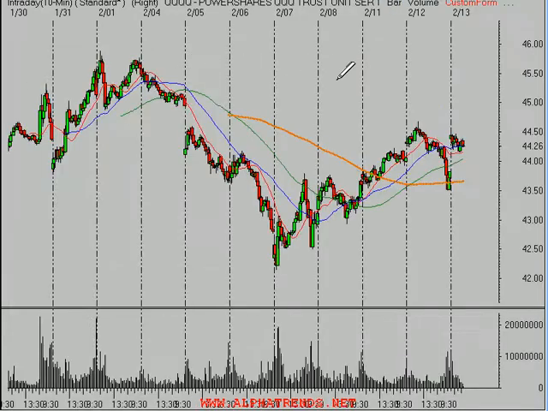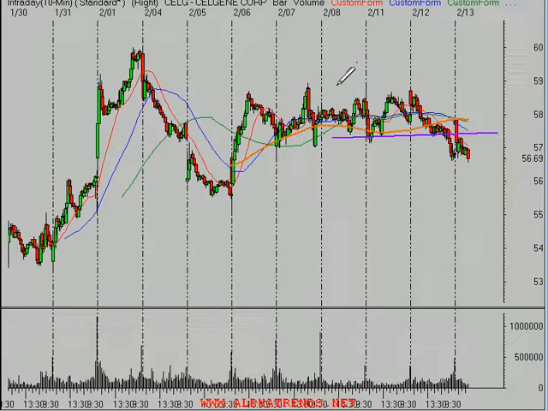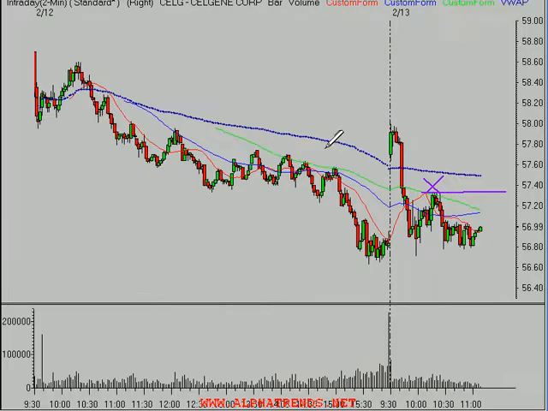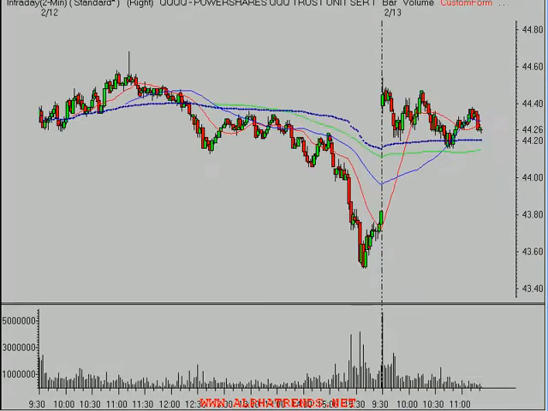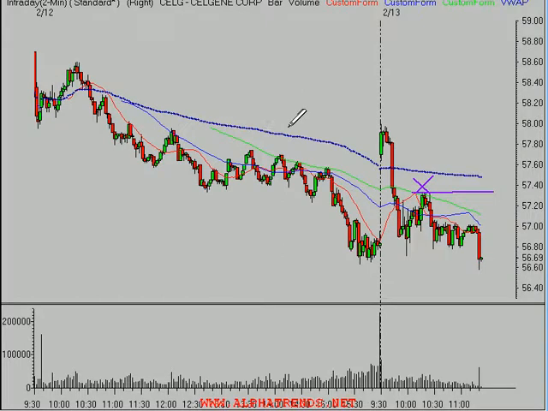The Qs, the NASDAQ 100, you can see is holding up, and CELG is part of the NASDAQ 100, so this is obviously one of the weaker components. But the good thing is all these moving averages are heading lower, and as a scalp trade, just to reduce risk, I'm considering going in here and taking a little bit off.